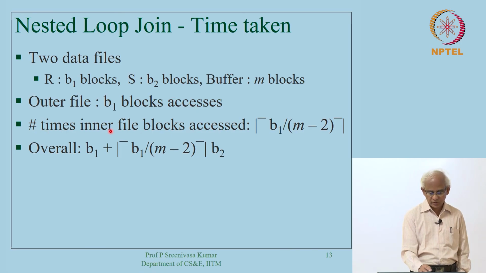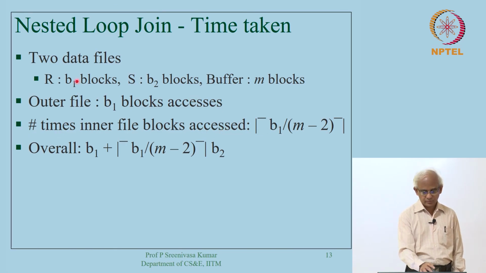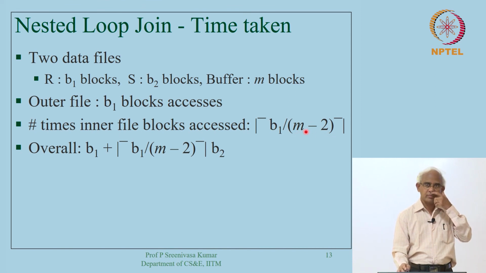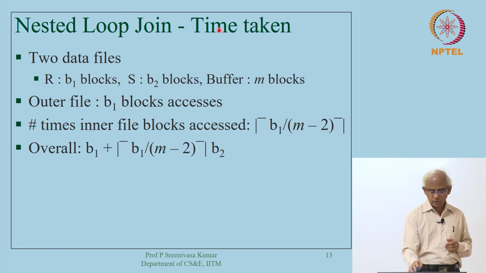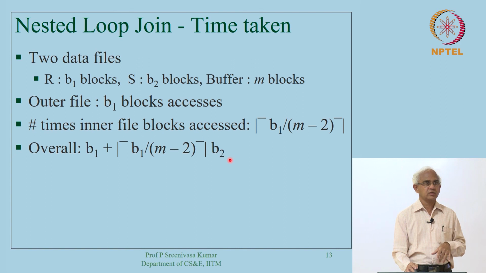How many times are the inner file blocks accessed? It is B1 divided by M minus 2. This many times we will be accessing the inner file, S. So overall, the nested loop join will take B1 block accesses to read the outer file, and B1 divided by M minus 2 times B2 block accesses, where B2 is the inner file.